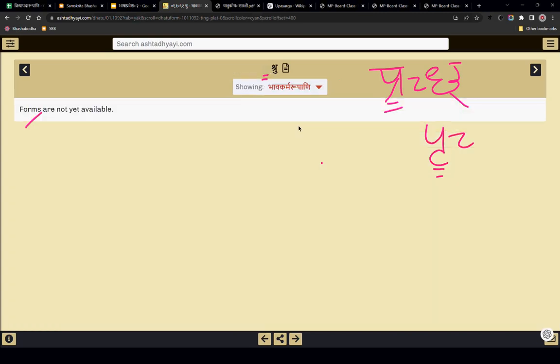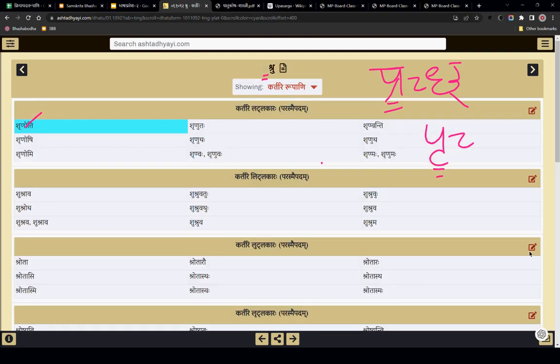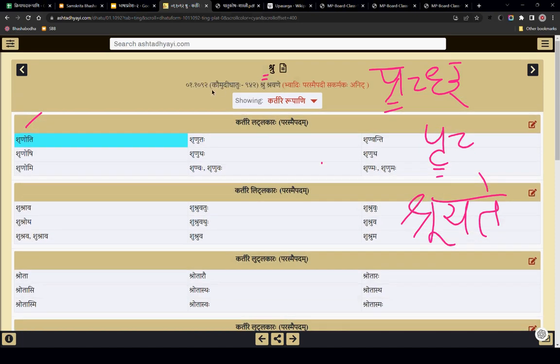Let's look at the bhava karma rupa. Not yet available, not yet printed, but this one becomes shruyate. Shruyate. Now the other interesting thing about shru is that the kriyapada forms, shrunoti etc., look like Swadi, like chinoti, shaknoti, correct? However, what is the dhatu gana given here?